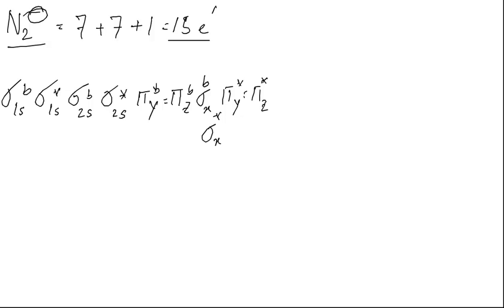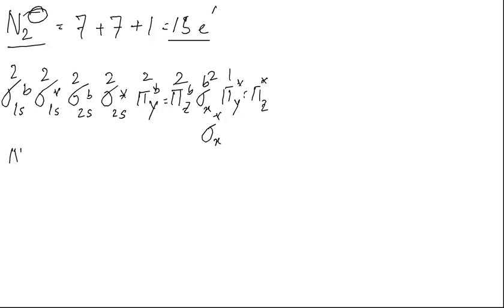If we start filling the 15 electrons, it is 2, 2, 4, 5, 6, 7, 8, 9, 10, 11, 12, 13, 14, and 1 unpaired in the pi antibonding y orbital.